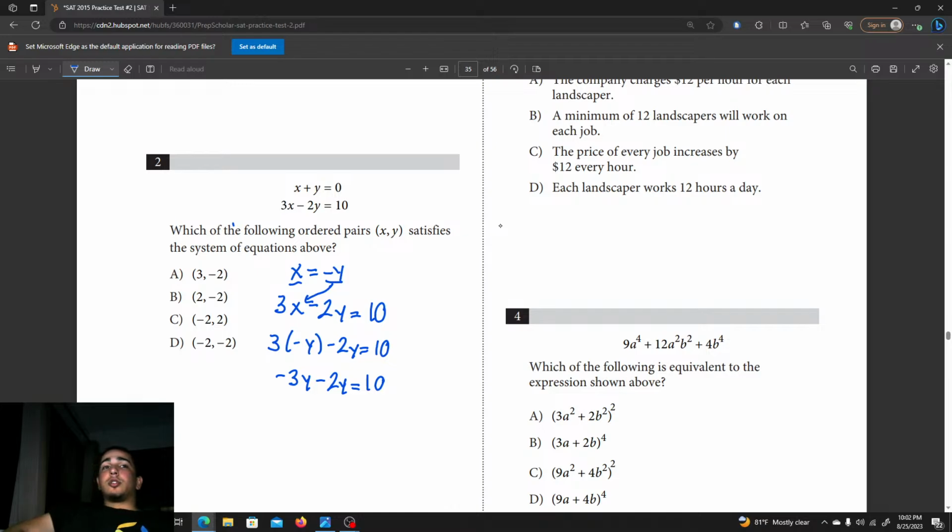Negative 3y minus 2y is negative 5y, and that's going to be equal to 10. And if we divide both sides by negative 5, we get that y is equal to negative 2.